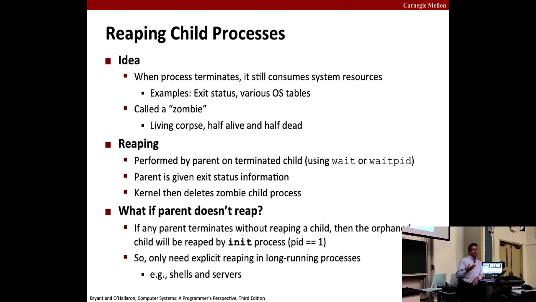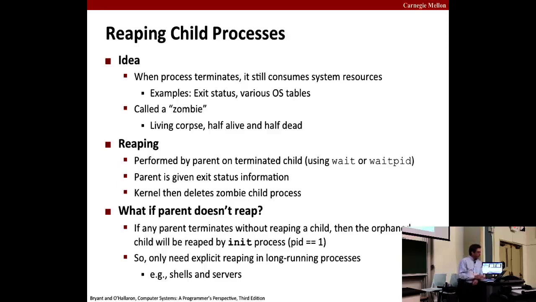Now, what if the parent doesn't reap one of its child zombies? If the parent terminates, then the system arranges for the very first process that existed in the system, called the init process, which has a process ID of 1, to reap that child.